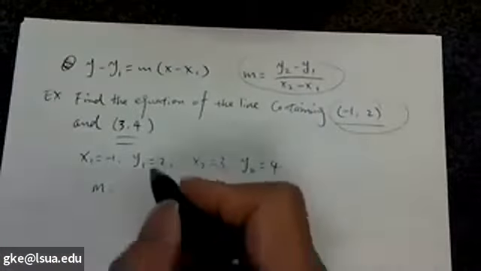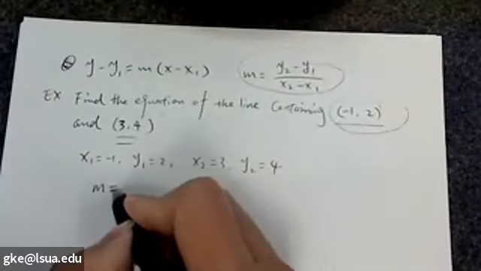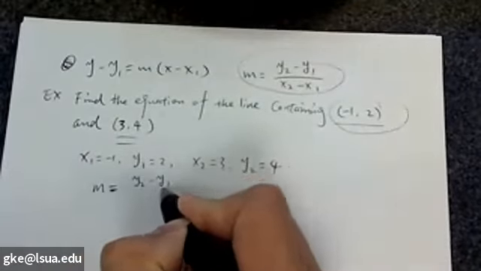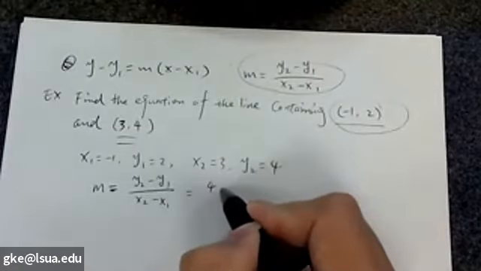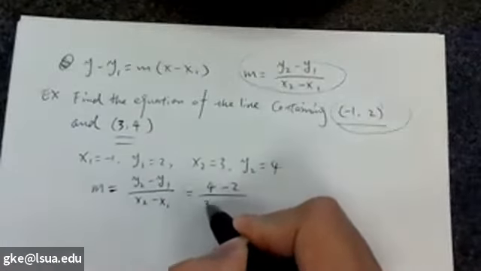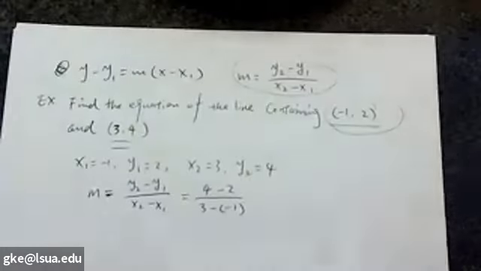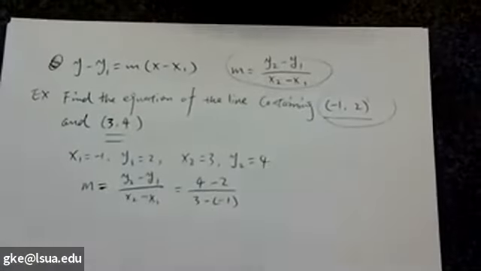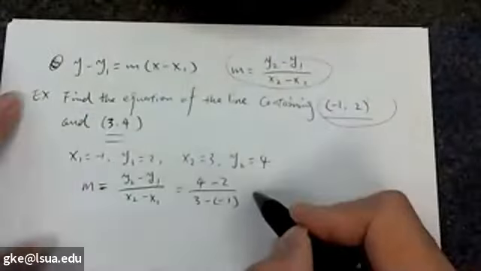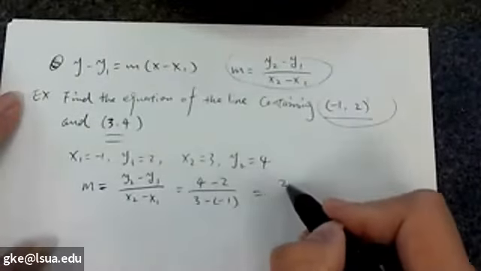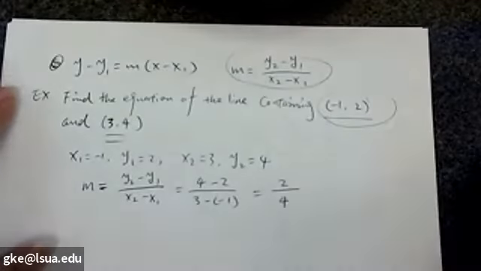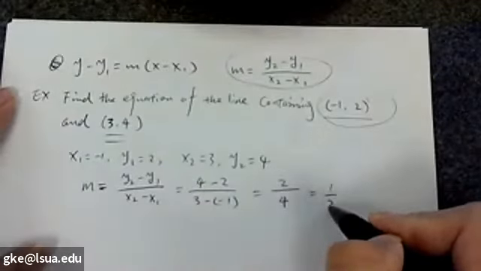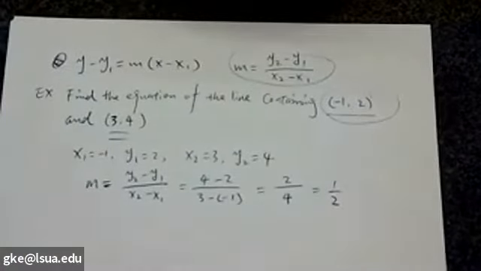We have 4 minus 2 over 3 minus -1. And then this guy is 2 over, 3 plus 1 is 4, okay? It's 1/2.